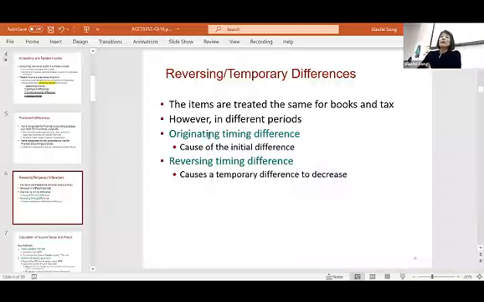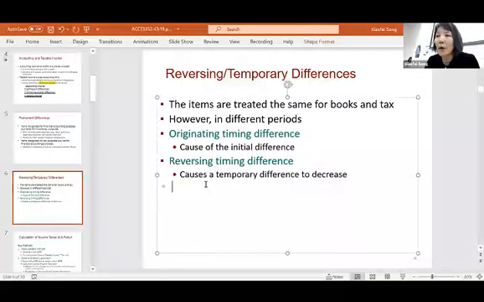So in the originating timing difference, in one statement it has it and the other one doesn't. And then in a reversing difference, the other statement has it and the first one doesn't, because it's already reported it.